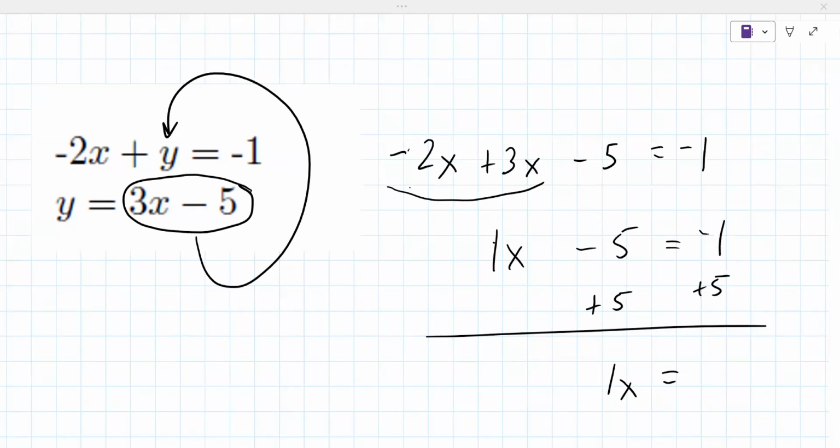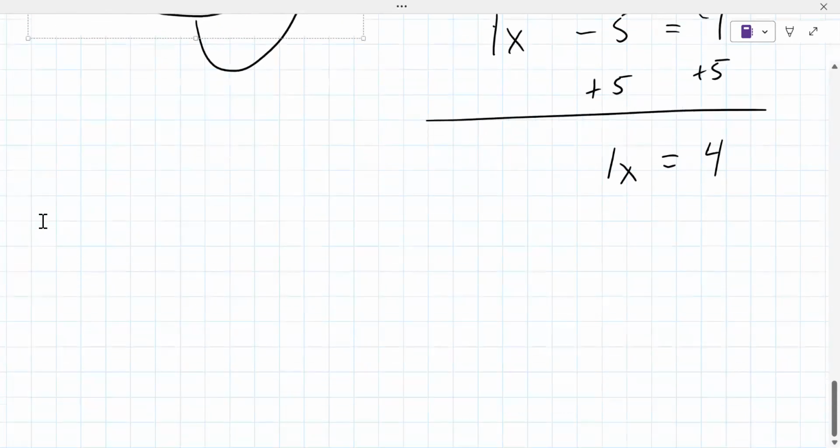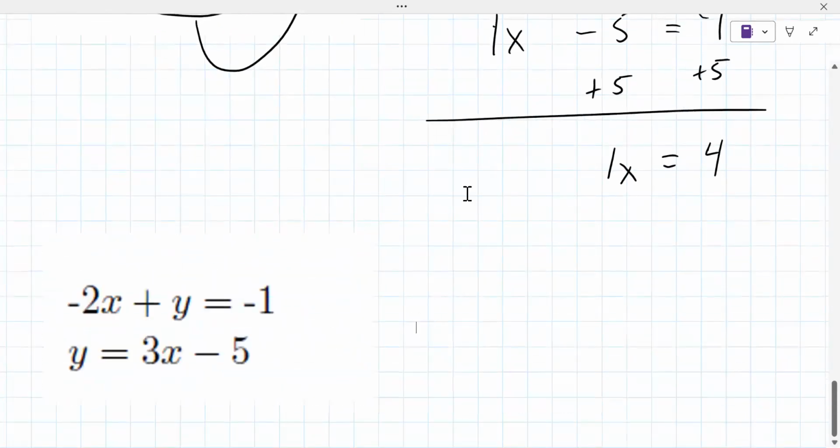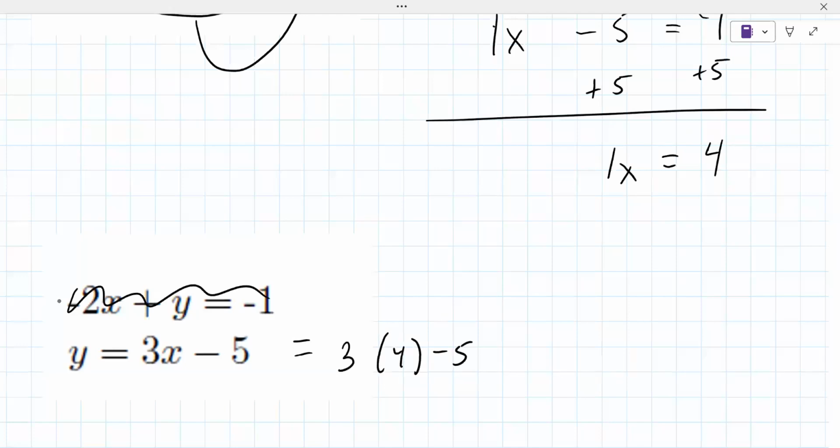Equals 4. Good. Now, which equation are we going to use to solve for y? We're going to use the first equation or the second equation? Second equation, because it's already solved for y. So it's 3 times 4 minus 5.